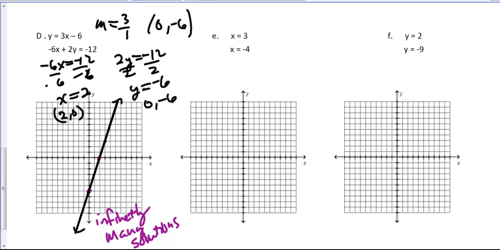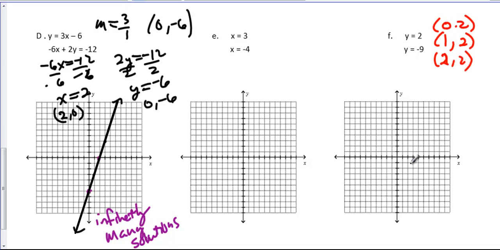We're going to do one more example together, and I'm going to do example F. You'll notice that in this case, both of these equations are special cases in their own right, in that we wouldn't use one of our two methods to graph.